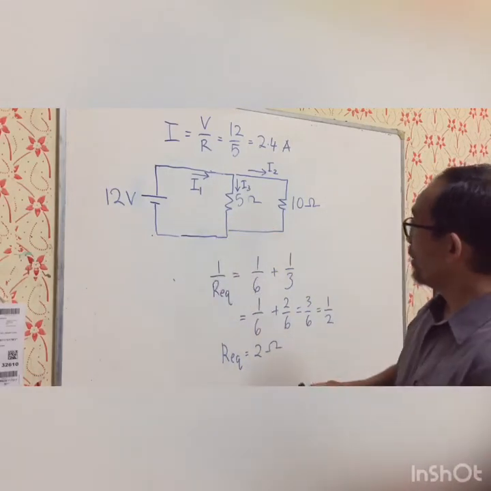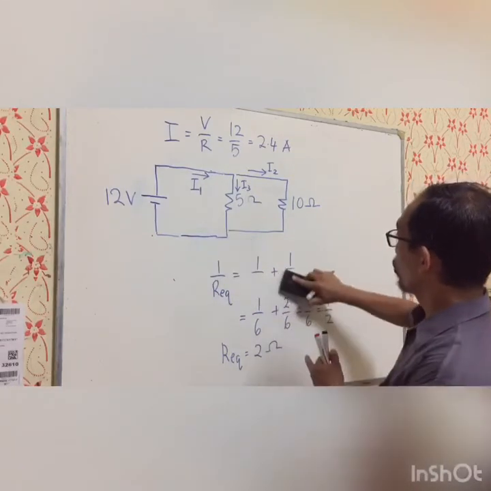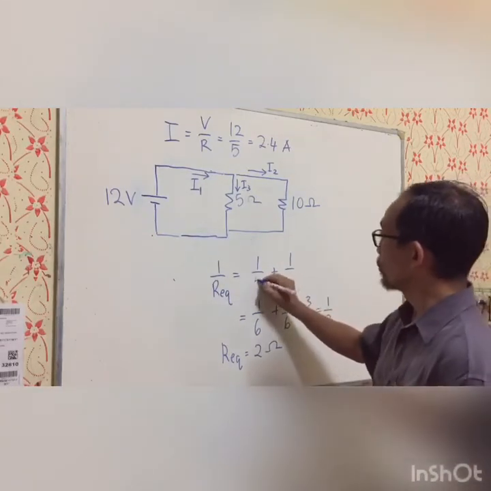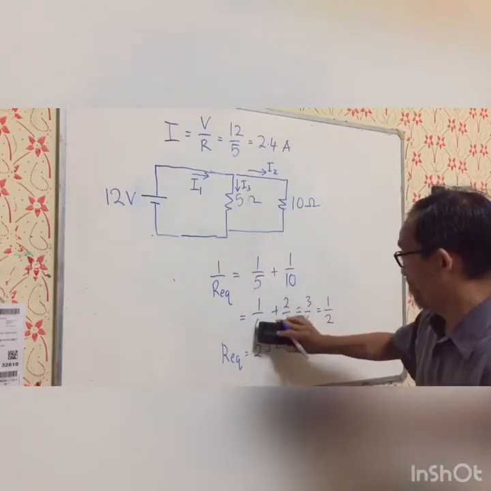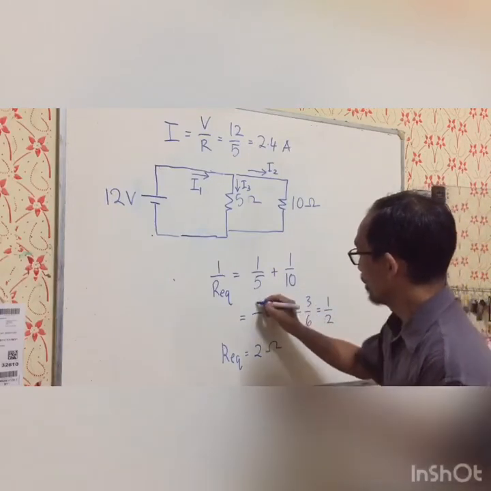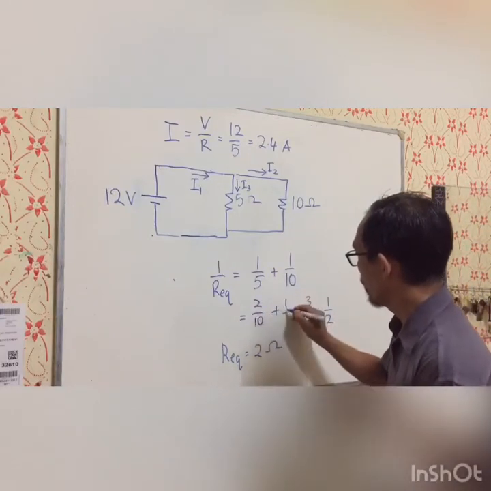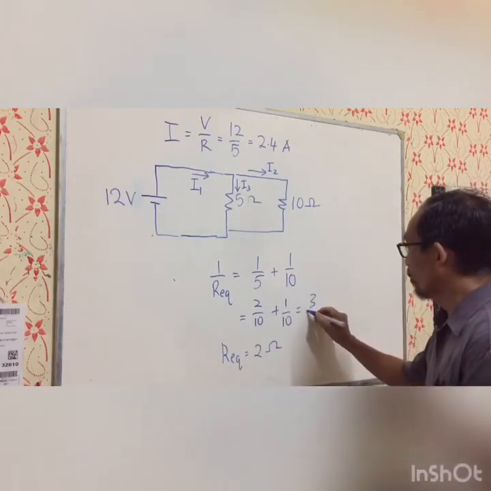First we find I1. So to find I1, we need to combine the two resistances. So it's 1 over 5 plus 1 over 10, and we will get 2 over 10 plus 1 over 10, and we will get 3 over 10.